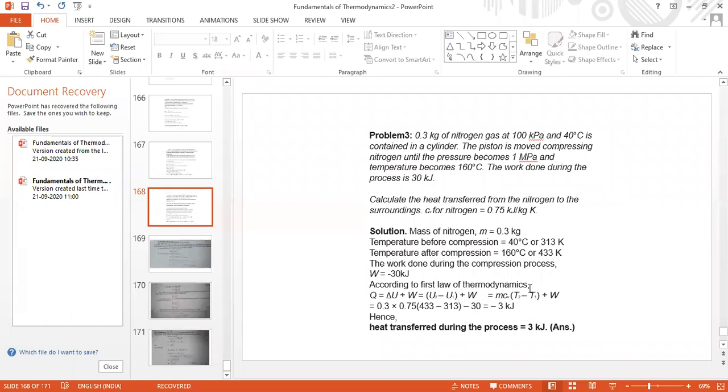Writing W value minus 30, we get this value minus 3. That means it is heat rejected by the system, heat transferred during the process, or heat rejected by the system 3 kilojoules. Okay, we will discuss more and more problems in the next class. We will stop here.